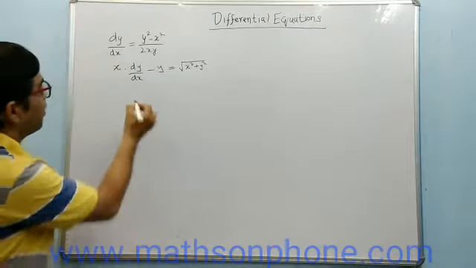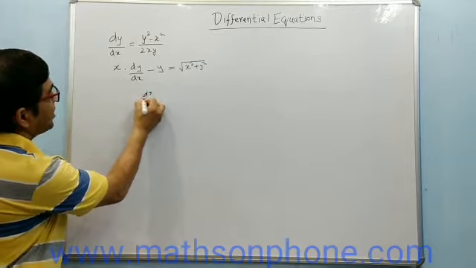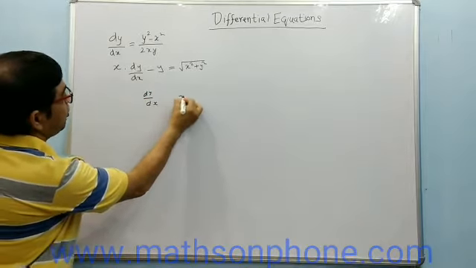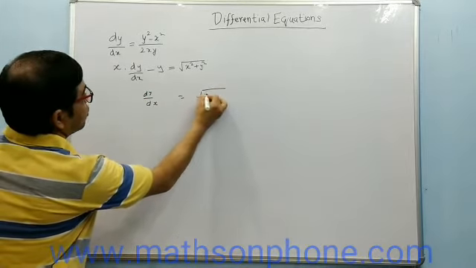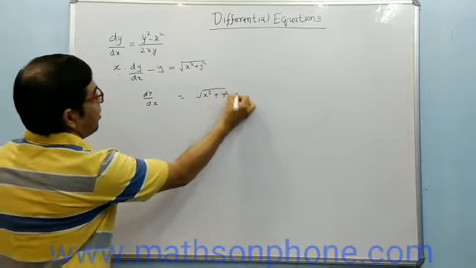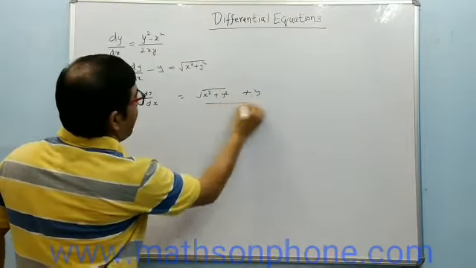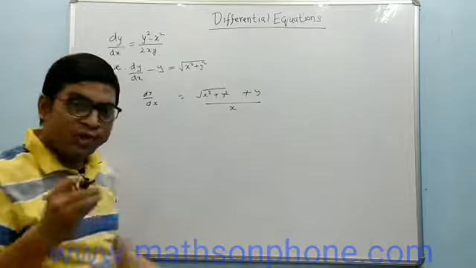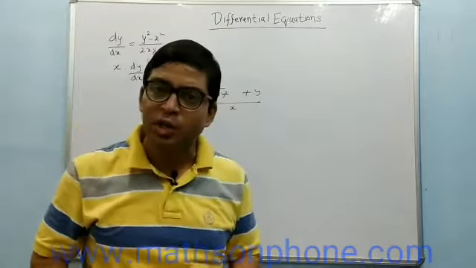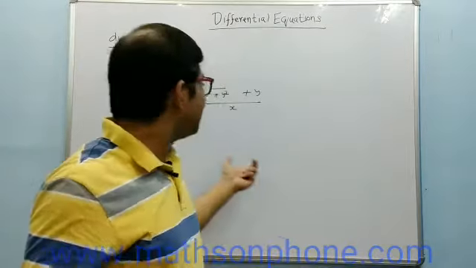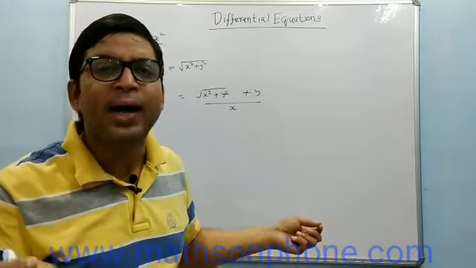Now see question number 2. This is dy by dx is equal to under root x square plus y square, plus y by x. Now see here, is it homogeneous or not? Firstly, it is not variable separable at least.